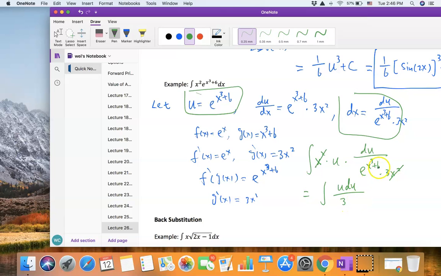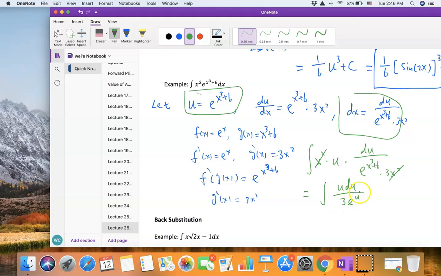Now you may say, okay, since x to the third plus 6 is a u, I can write this as 3 times e to the u. Now we don't have any x in the function, but the problem is that for this type of integral, we haven't learned how to solve it.